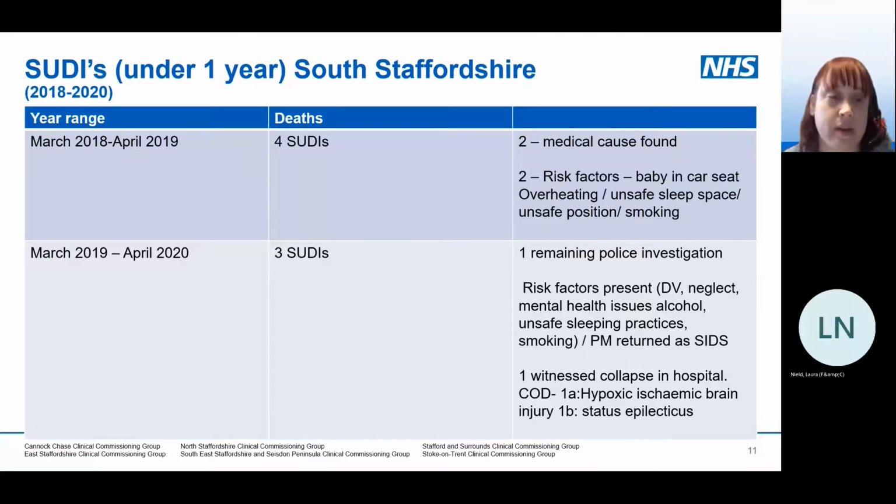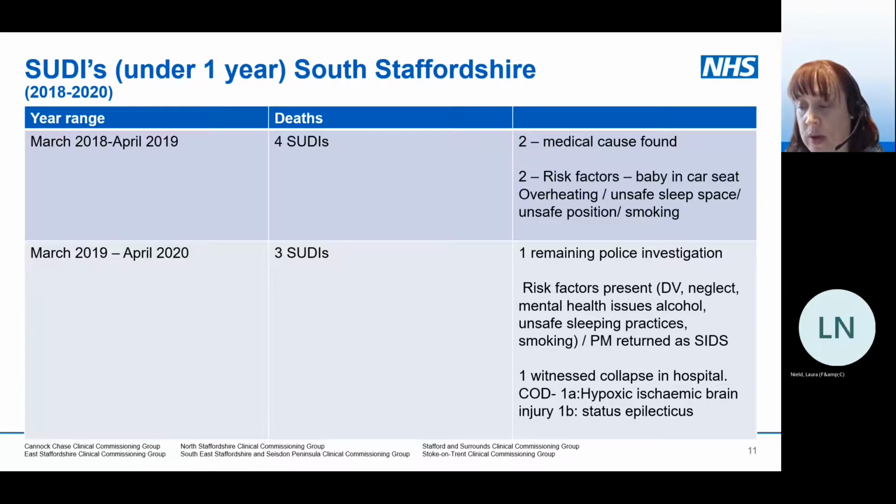In March 2019 to April 2020, there were 3 sudden unexpected deaths in infancy. Of those, for one, there's a remaining police investigation ongoing. So you can see the time that is taken to reach a conclusion with these incidents.